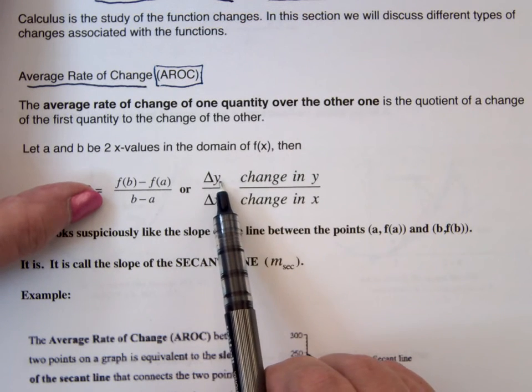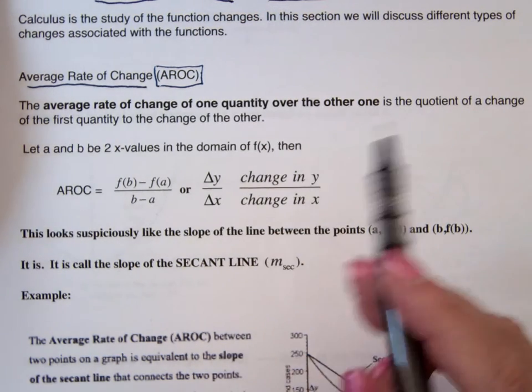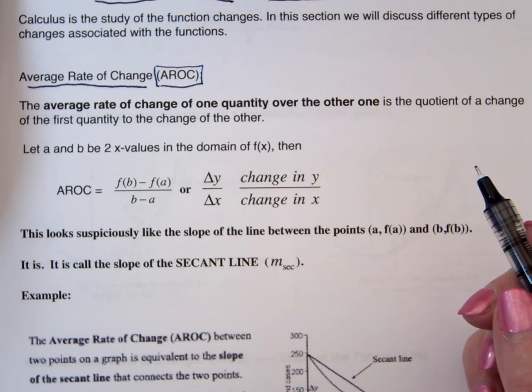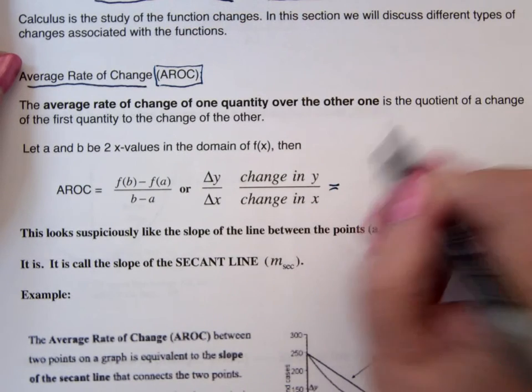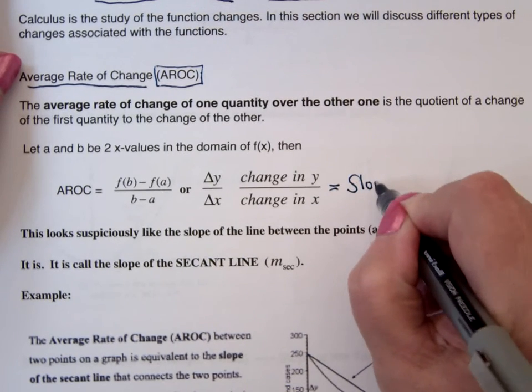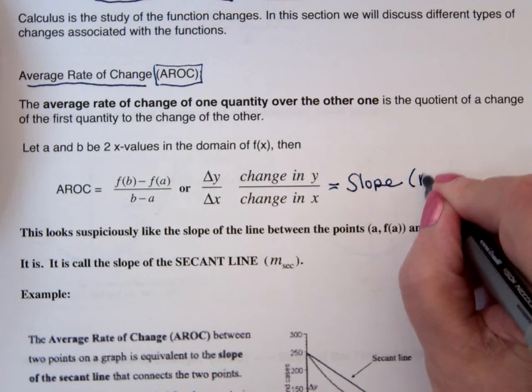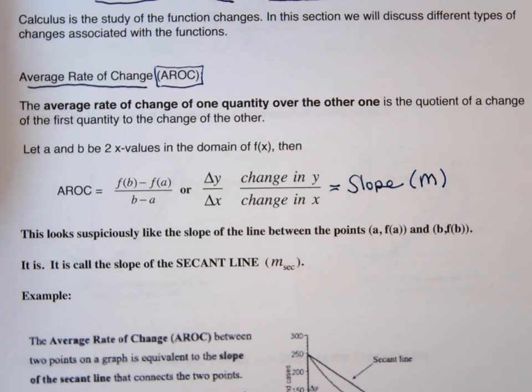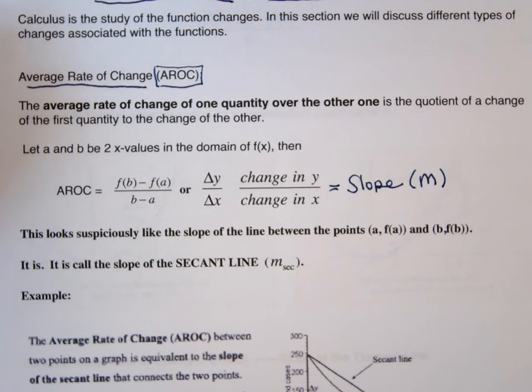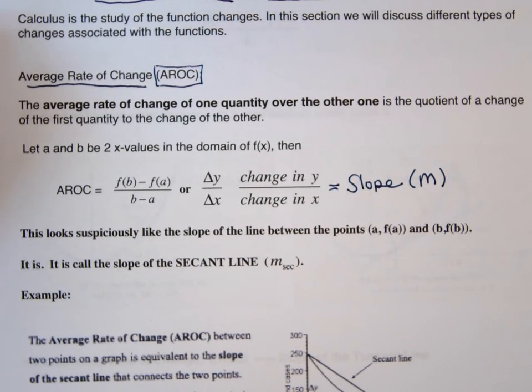Change in y divided by change in x is something we know as what? Slope. The slope of the line. So what's AROC? AROC is what we've known all along for a very long time as m, or the slope.